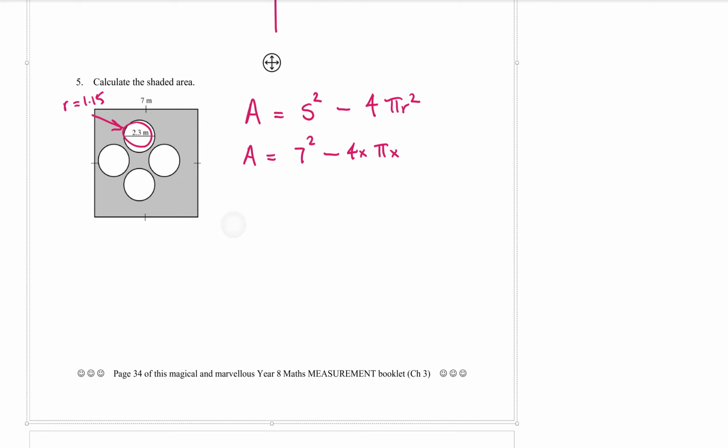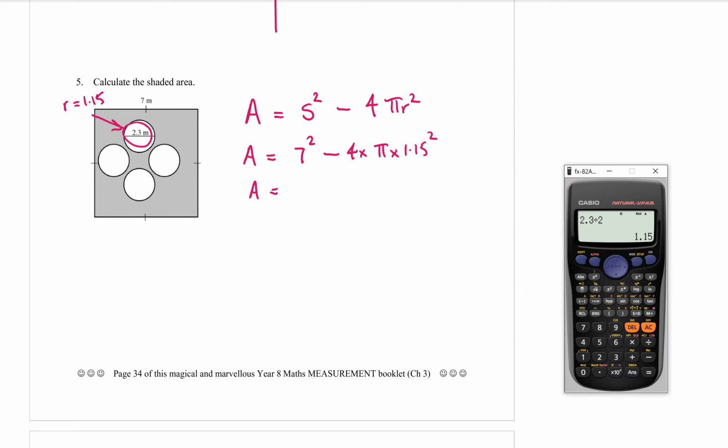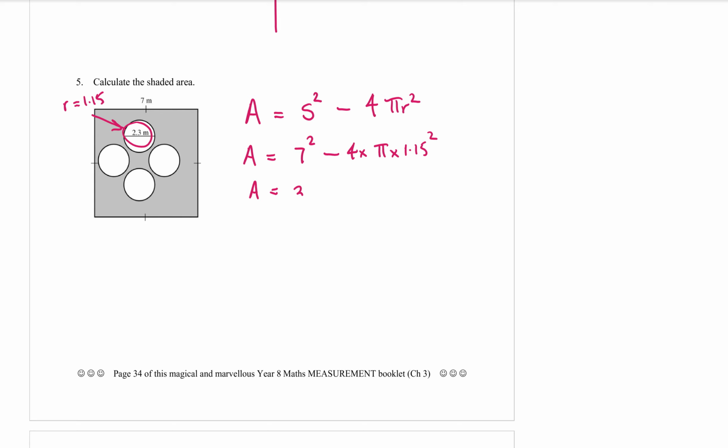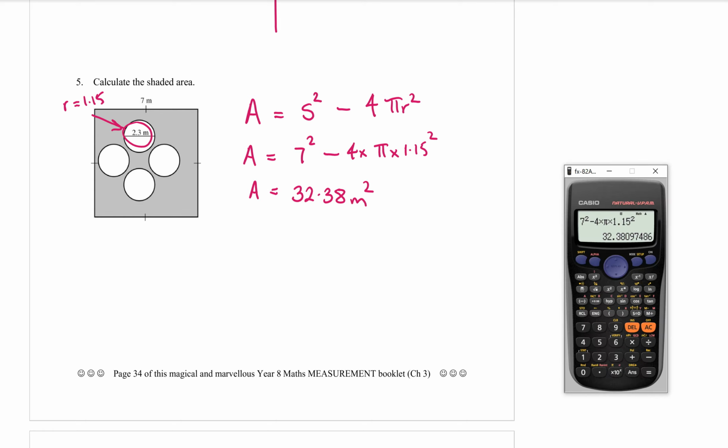So 4 times pi times 1.15 squared for the radius. And calculate. So 7 squared minus 4 circles, pi times 1.15 squared is 32.38. And the units were meters squared. Okay, and that's it.